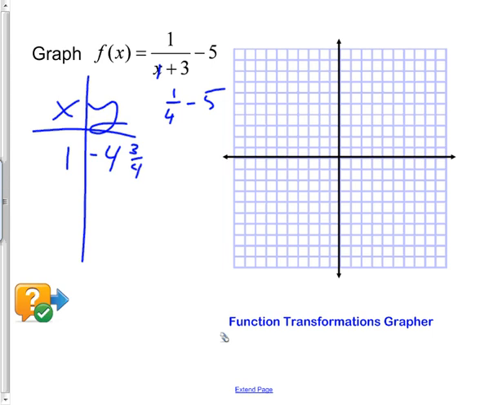Now, I could pick any numbers I want, so maybe I should pick numbers that are going to work nice. Like x is 0 should be a fairly easy one to do. Then it just makes that 0, and so it's 1/3 minus 5. So that would be -4 and what? 2/3.